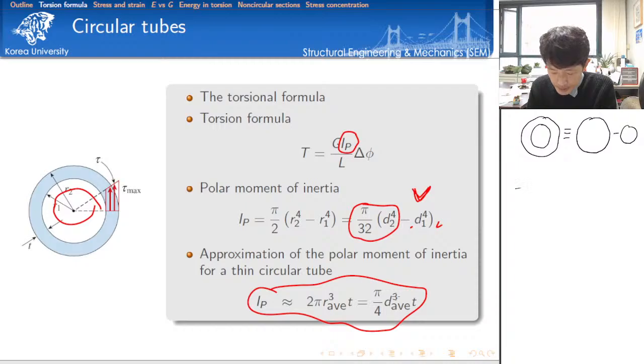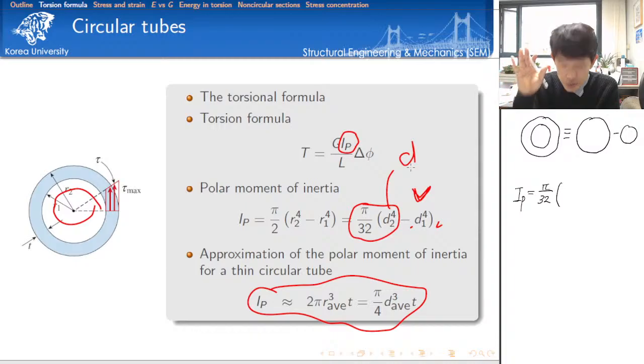The exact expression of the polar moment of inertia for a hollow section is pi over 32 times d2 to the fourth minus d1 to the fourth. But I told you that usually the outer diameter is used as the reference diameter, d. So d to the fourth, minus, and then usually we use the thickness, so d minus 2 times the thickness, to represent the geometry of the section.